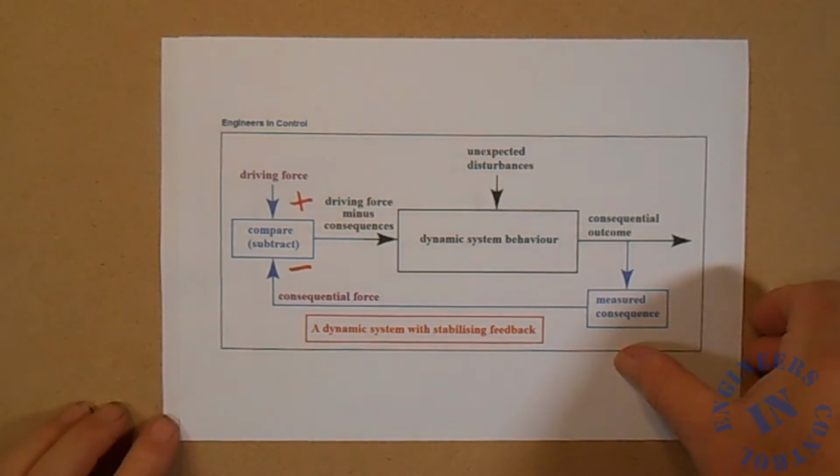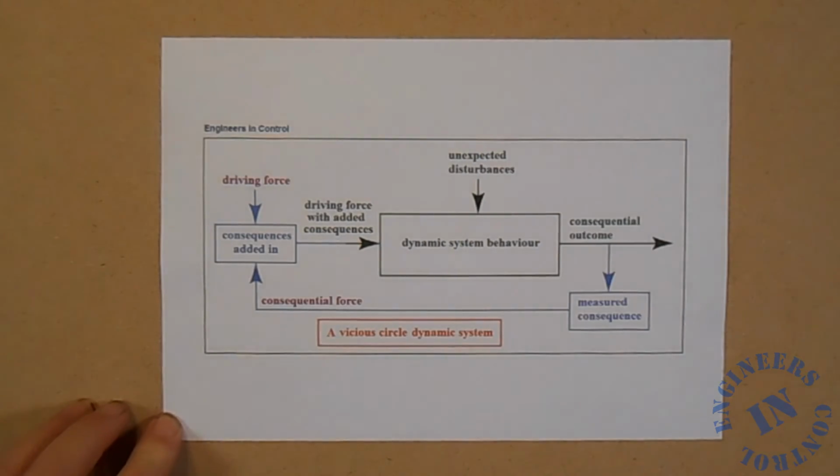Now let us look at positive feedback. It's a strange thing, but the way we talk, we think that positive feedback is good, and that in fact in control systems positive feedback is not good, it's the bad guy.